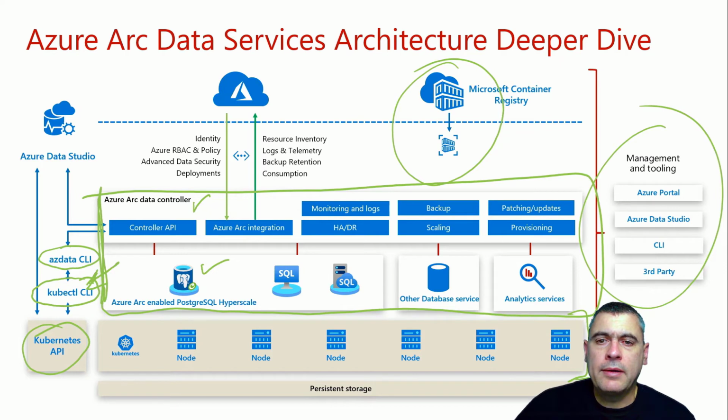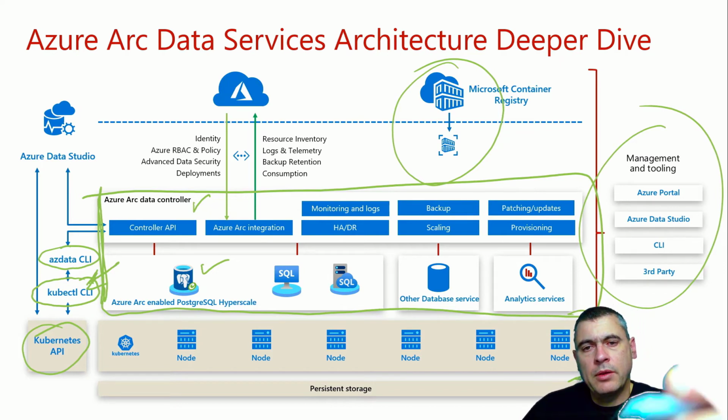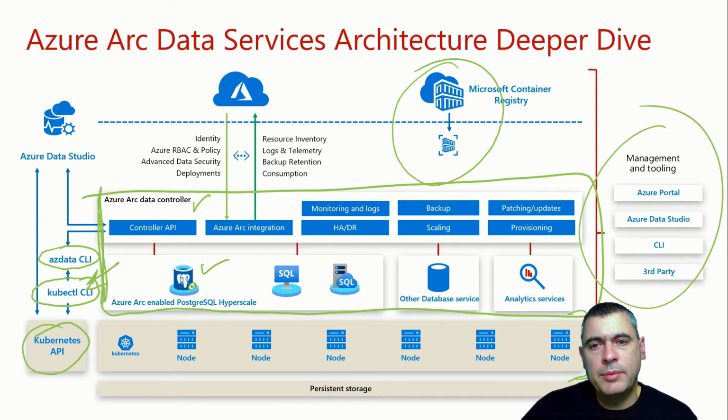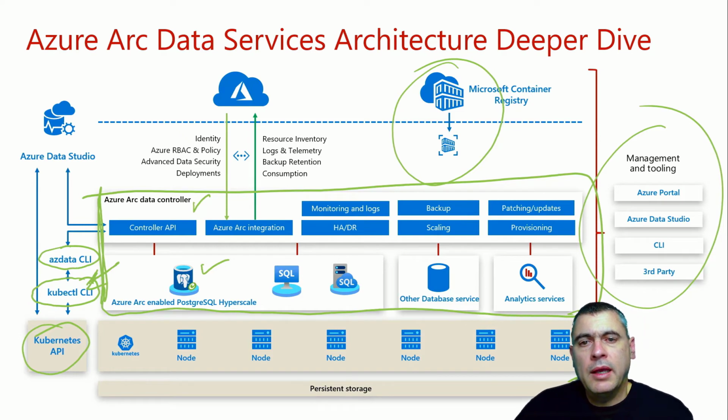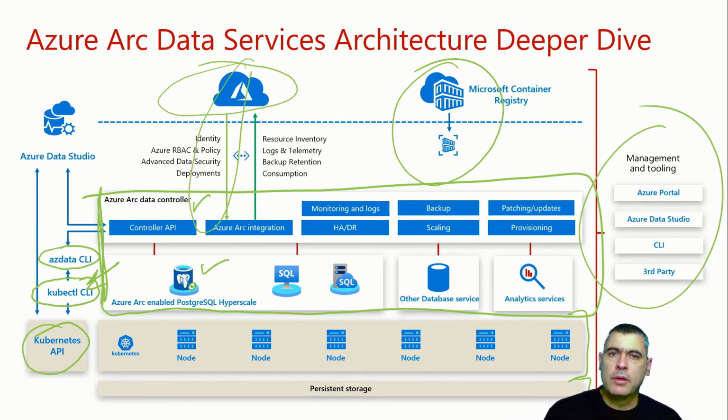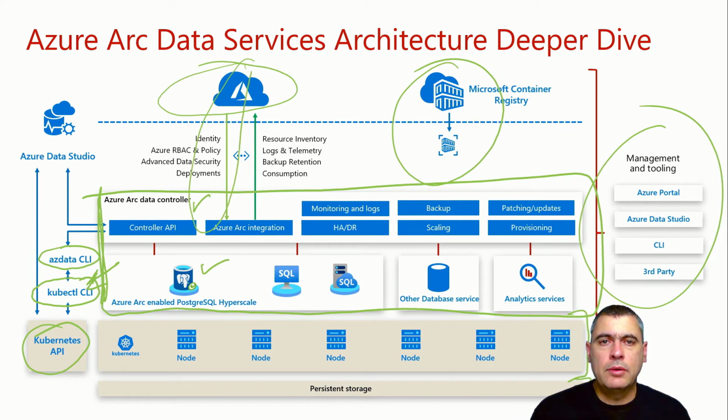Once the connected mode of Azure Arc is available, everything that you do on Azure resources, you can do the same on any Arc deployment. Meaning that everything related to identity management, RBAC, policy management, and deployment, you can manage from Azure, from Azure down to your infrastructure.